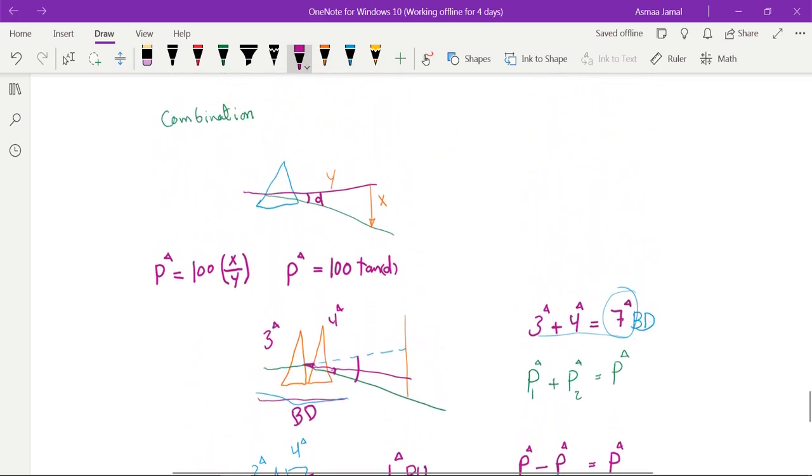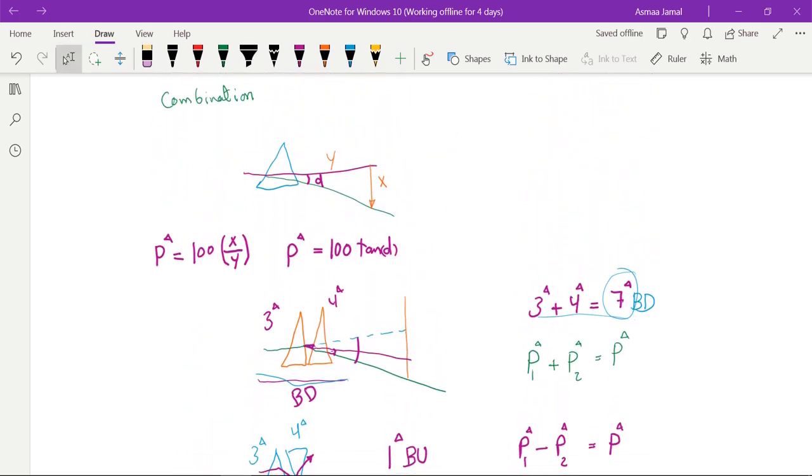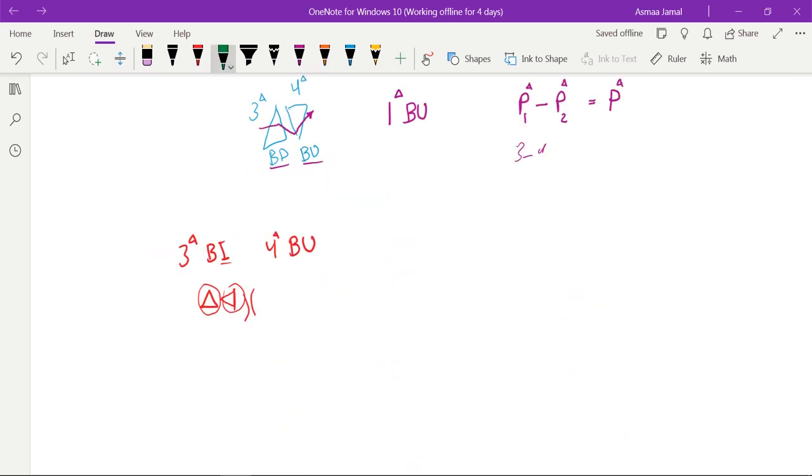First thing here, we need to find the orientation of those two prisms by using this one. So this prism is oriented horizontally, let's write it here, and the other one is oriented vertically.